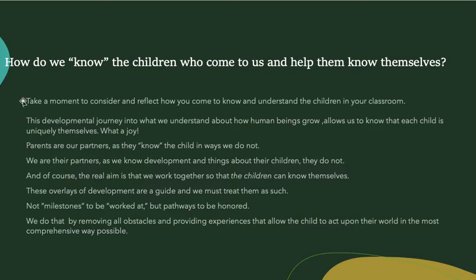So take a minute and first think about how you come to know and understand the children in your classroom. If it's the beginning of the school year and you're just getting to know children, or maybe you taught their older siblings, every child that comes to us is different, even if they come from the same family. I taught a family one time that had taught all 5 of their children, and they were all so different.